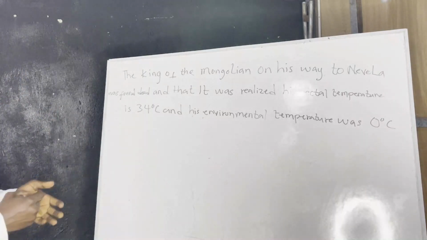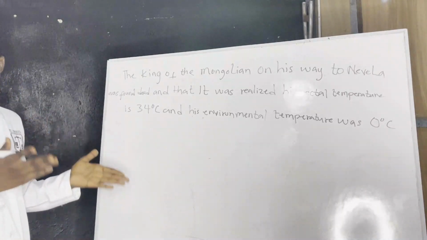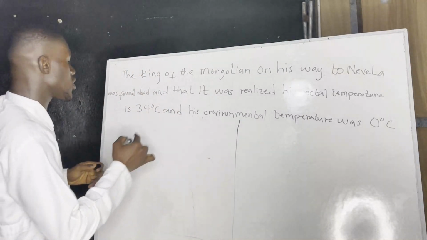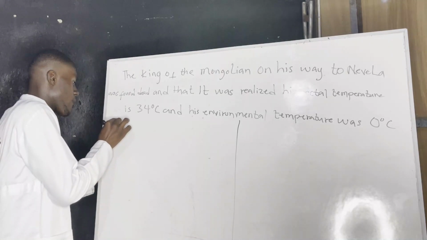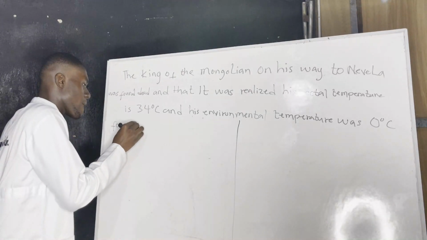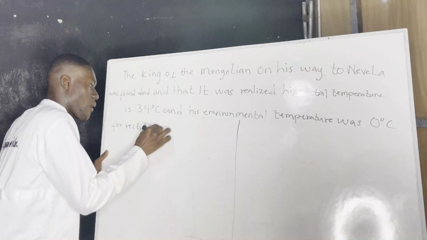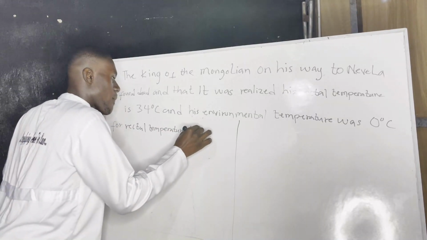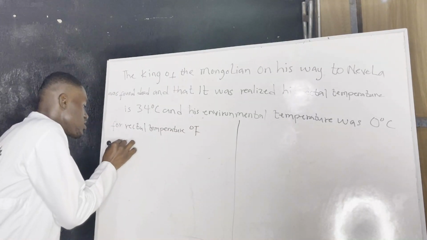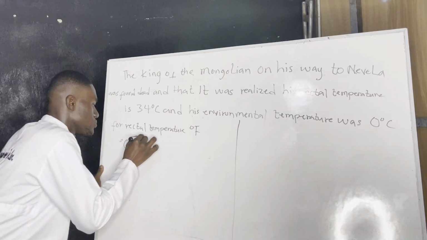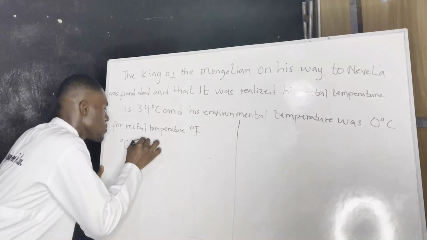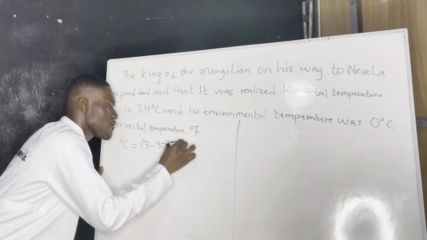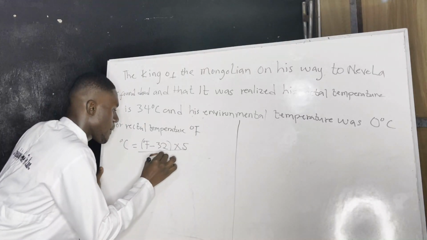So in this case, we're using the formula for converting degrees Celsius to Fahrenheit. So for the rectal temperature, in degrees Fahrenheit, we say that degrees Celsius is equal to, open bracket, degrees F minus 32, times 5 all over 9.